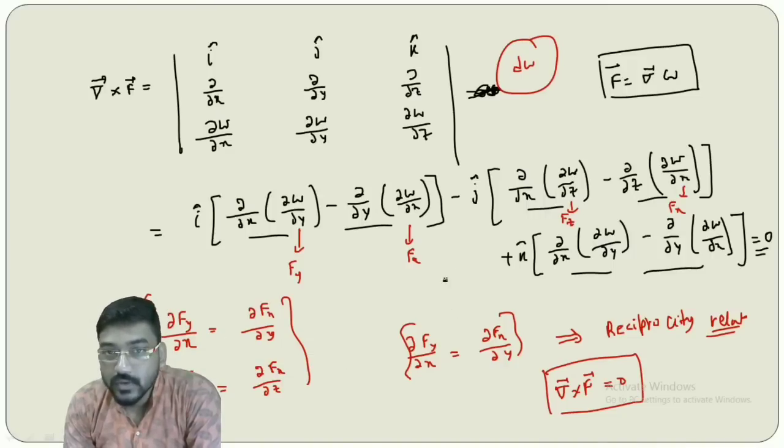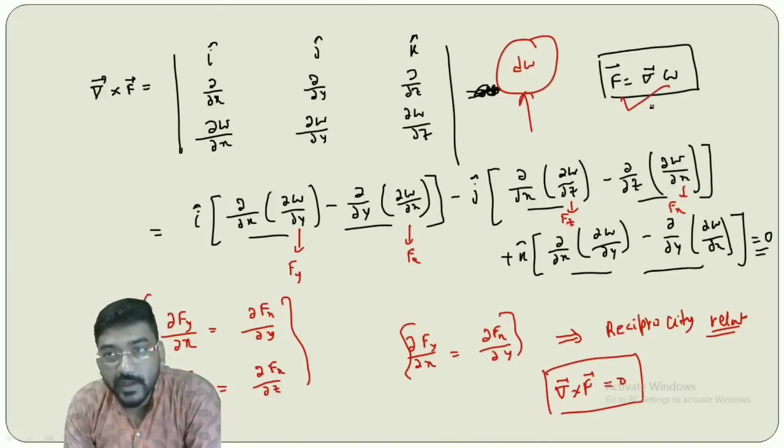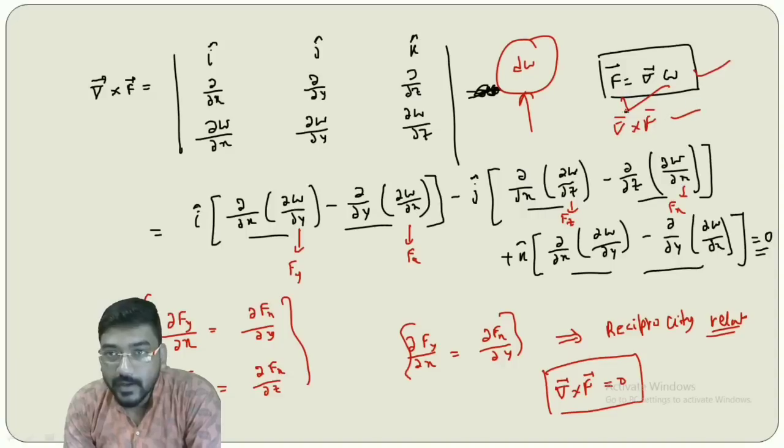So dW is an exact differentiation if and only if f is equal to gradient of W and curl of f is equal to 0. You can tell either this or this. In other words, dW is an exact differential only when these relations hold good.